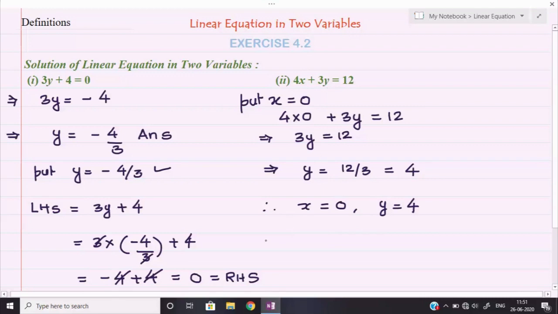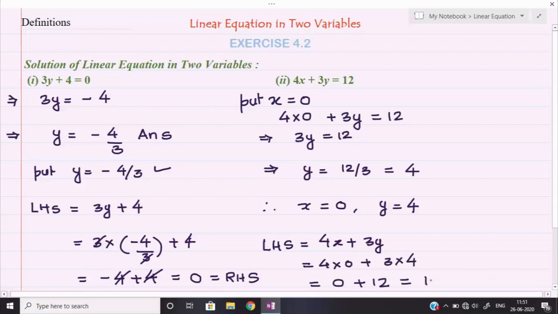Let us check. LHS is given here as 4x plus 3y. Now put the value of x equal to 0, plus 3 into the value of y, which is 4. 4 into 0 becomes 0, 3 into 4 becomes 12.